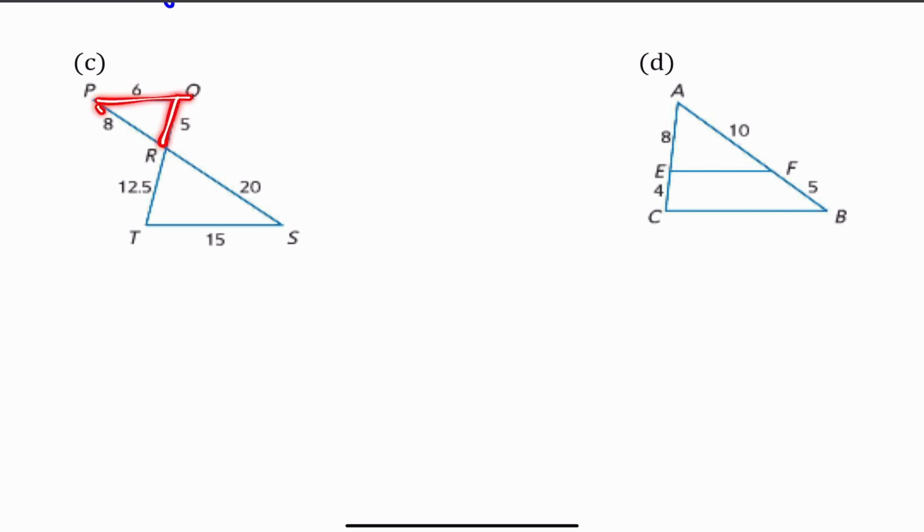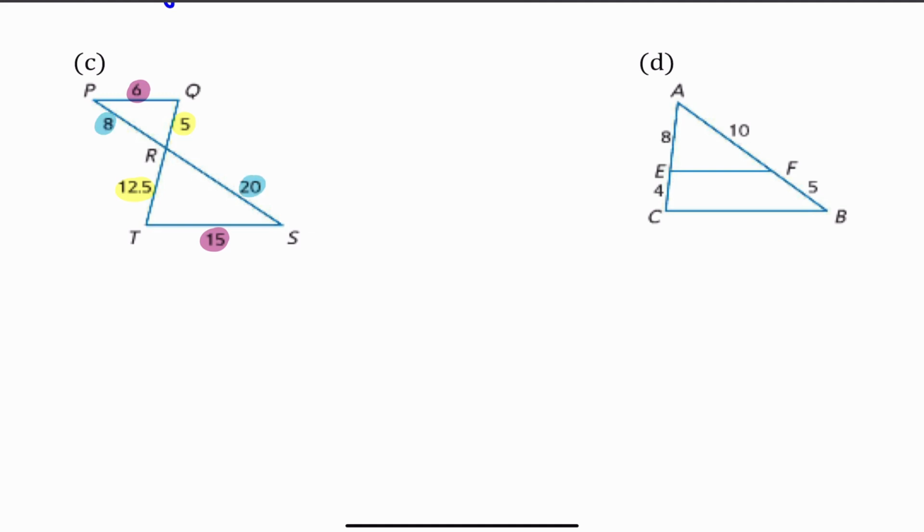So I'm comparing the smaller triangle to the bigger triangle. Know that 5 is the smallest side of this triangle, and then 12.5 is the smallest side of that larger triangle. And then here I have 6, and I'm going to compare that to 15, and then lastly 8 to 20.